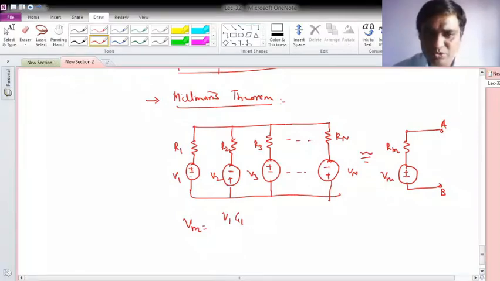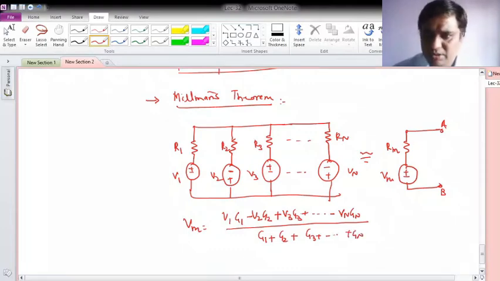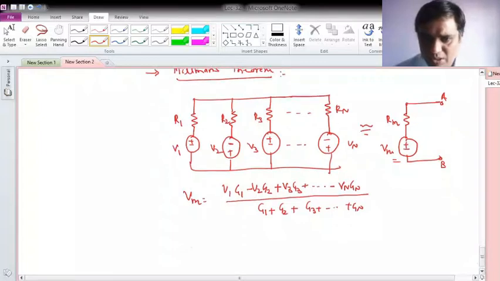Here positive negative, if you take it this way, then it will be plus V1 G1, minus V2 G2, here positive negative, so it is plus V3 G3. Likewise this is negative positive, so it will be minus Vn Gn, over the sum of conductances G1 plus G2 plus G3 plus Gn. This is nothing but your Vm.